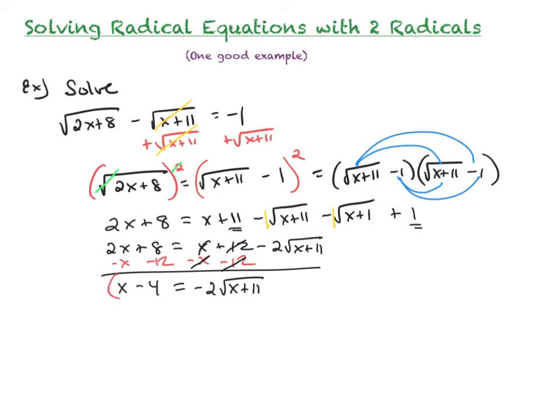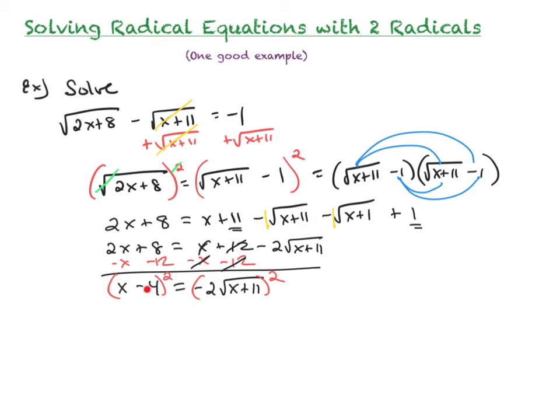I'm going to square both sides just like I did previously. Careful to put only one set of parentheses squared on the left and another set of parentheses squared on the right. And on the left-hand side, just like before when we were multiplying out the square root of x plus 11 and then minus 1, because we had the subtraction sign outside of the square root, we had to FOIL or distribute, however you want to call that.